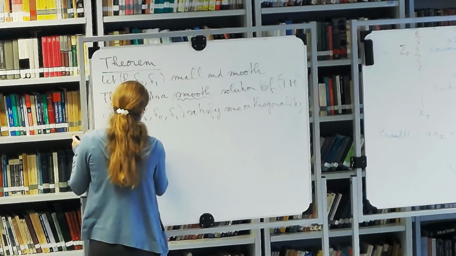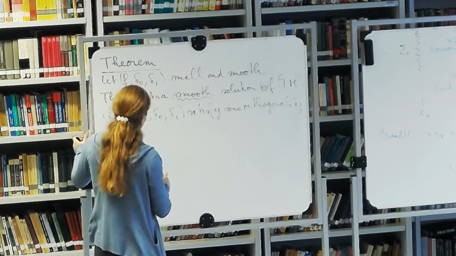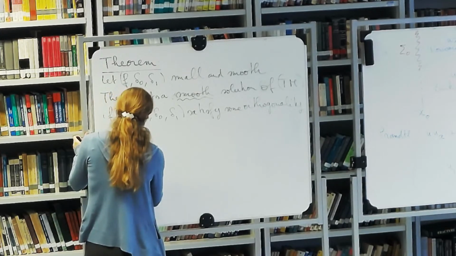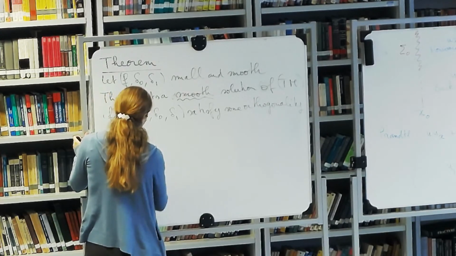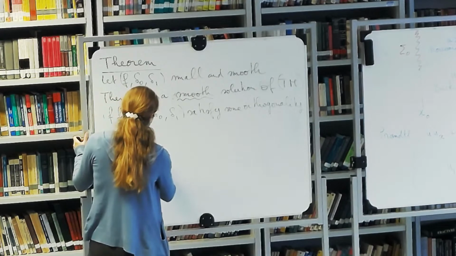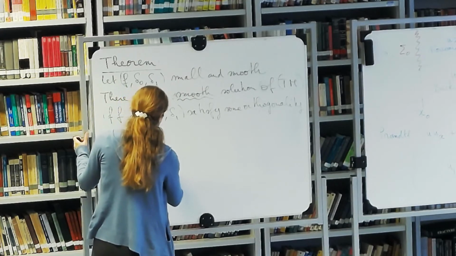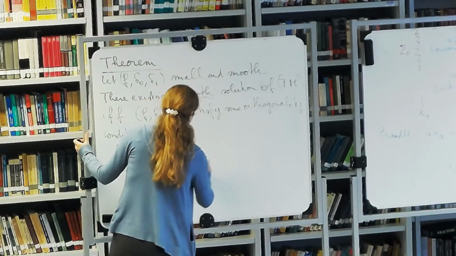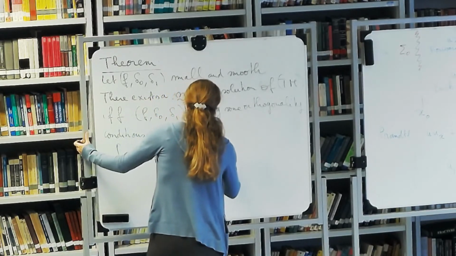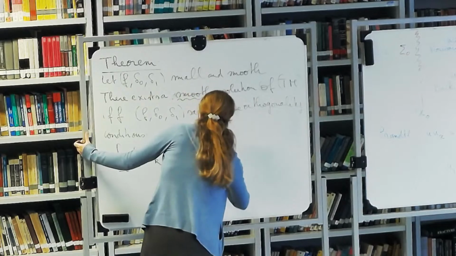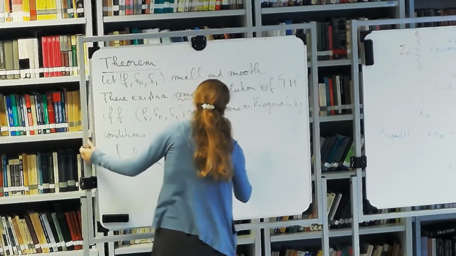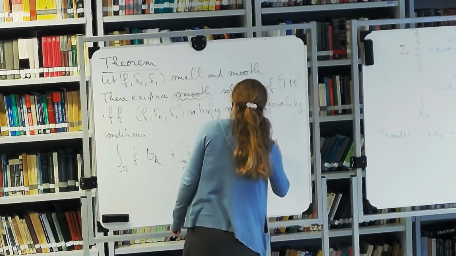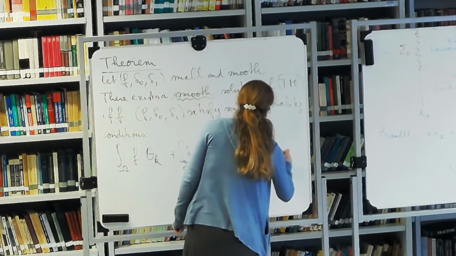So what does that mean? That means that typically you want conditions like this. You want that the scalar product of f with some given profile, which I will call theta k, plus delta naught on sigma naught times gamma k, plus delta 1 on sigma 1 times gamma 1k equals 0.